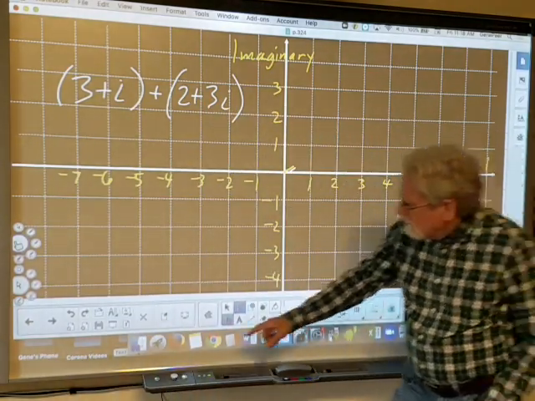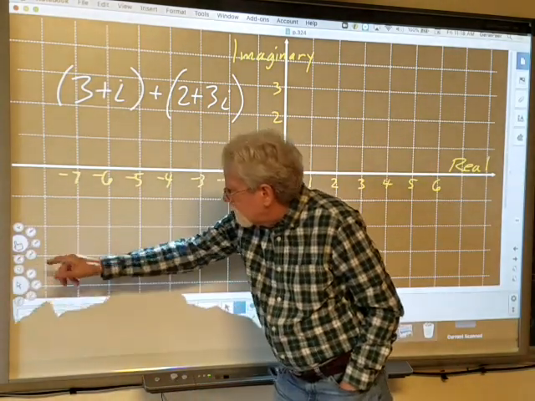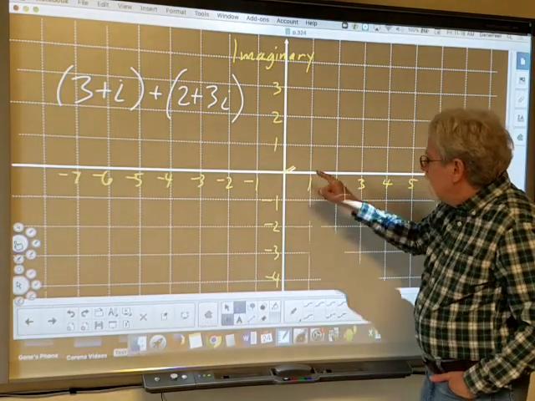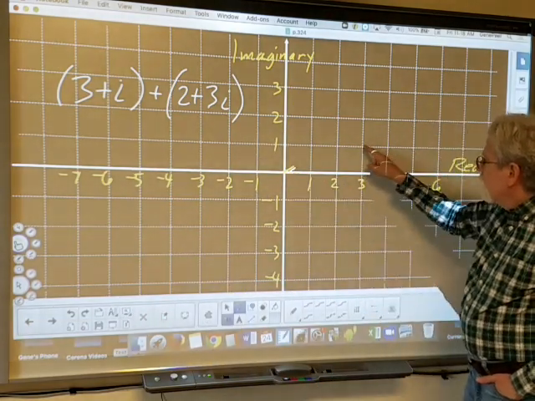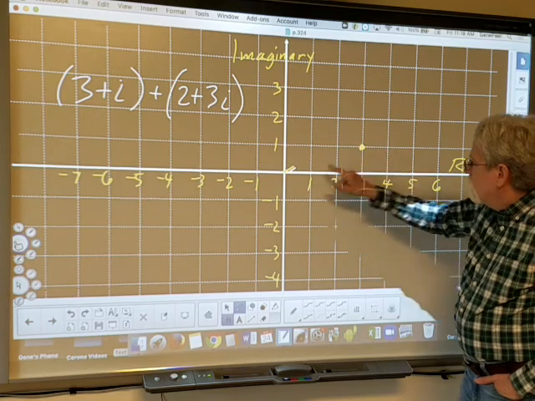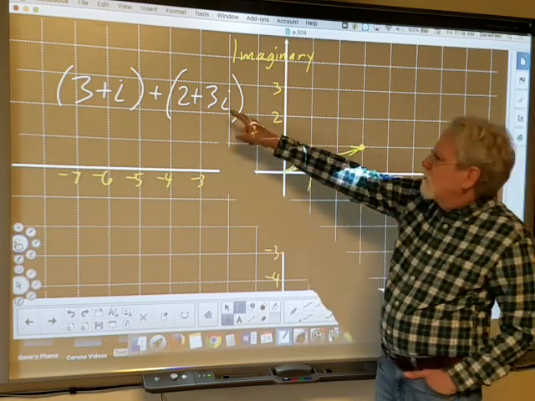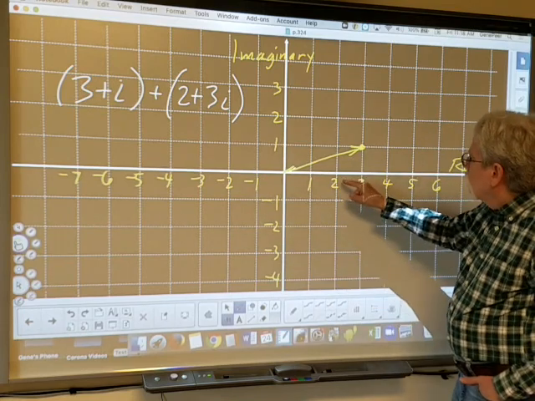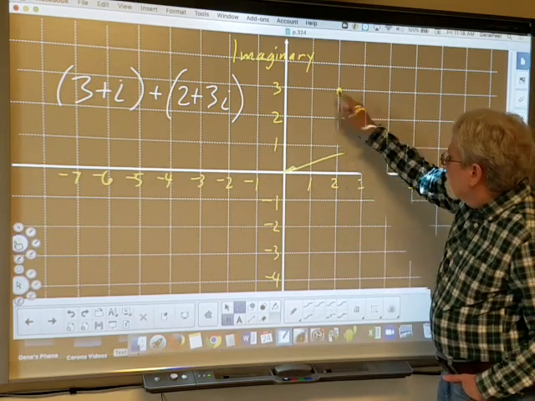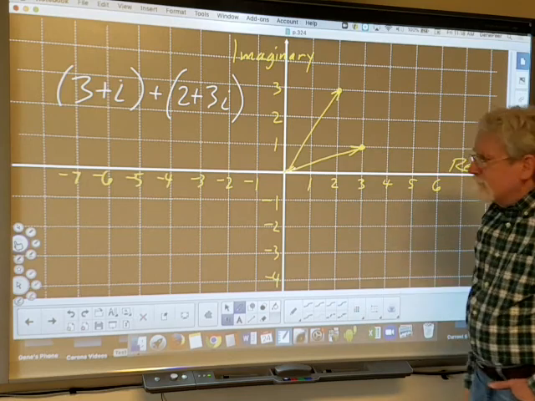We're going to take, let's do the originals in yellow, 3 plus i, 3 plus 1i, right there, make it into a vector. We're going to add to it 2 plus 3i, right there, make that into a vector.